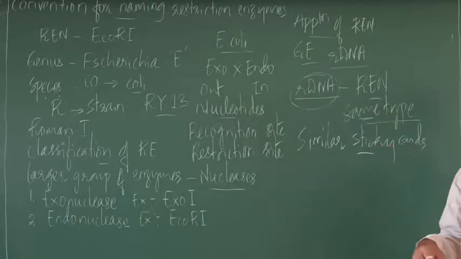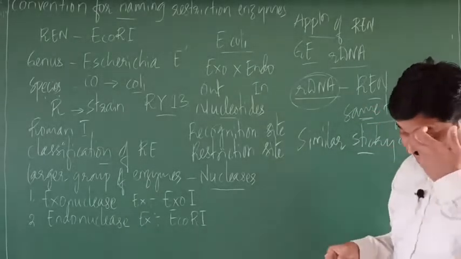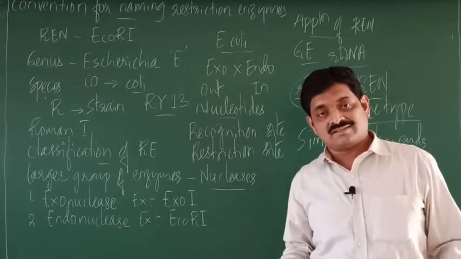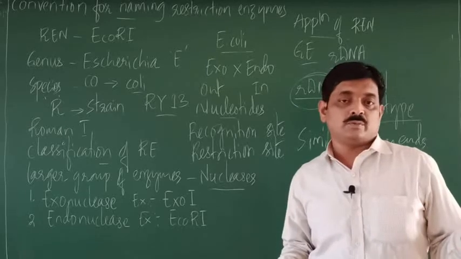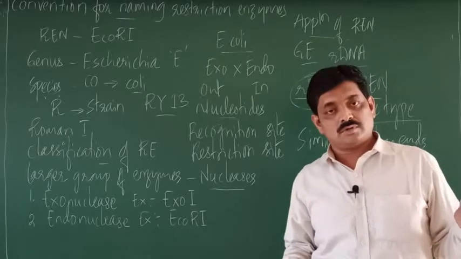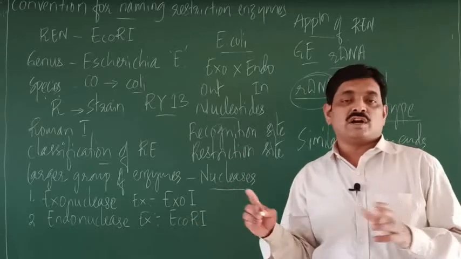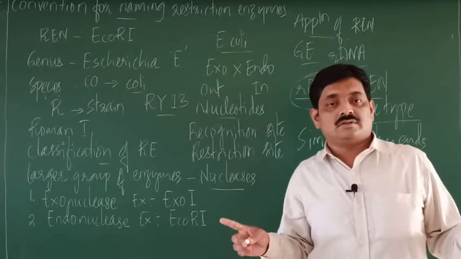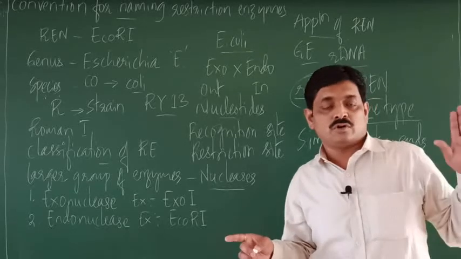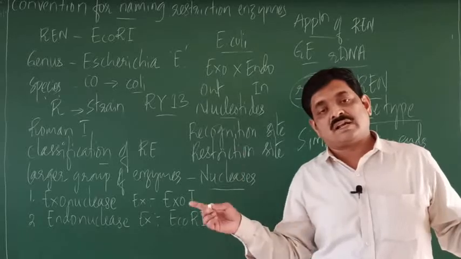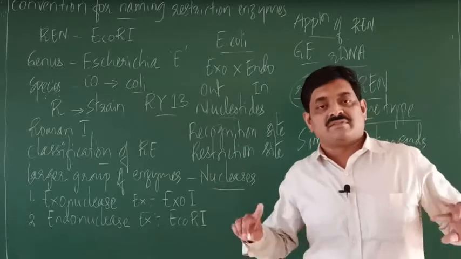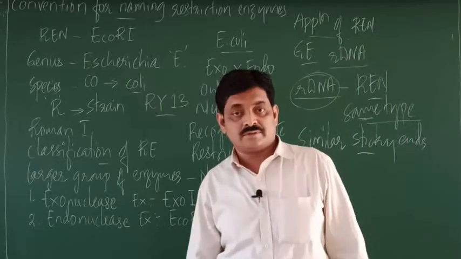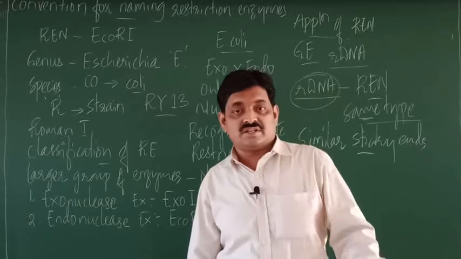Imagine if different restriction endonucleases are used. For example, if you cut the plasmid with HindIII, and you isolate the desired gene with EcoRI, here two different RENs are used, one for cutting the plasmid, another for isolating the desired gene. What will happen if different RENs are used in the construction of recombinant DNA? Dissimilar sticky ends are formed.